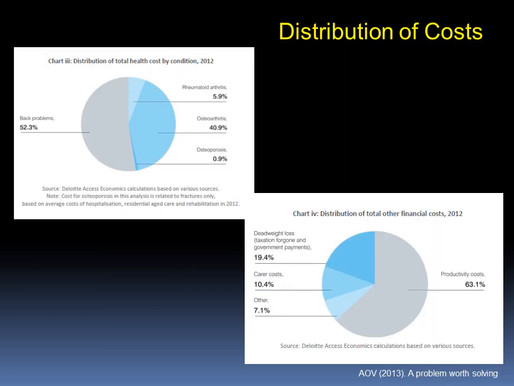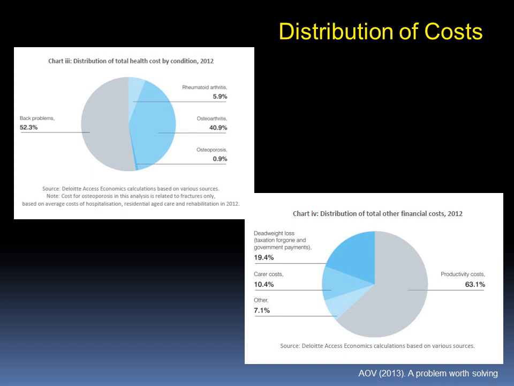You can see the distribution of that cost if we look at the table on the left there for total healthcare costs by condition. You can see that rheumatoid arthritis was 5%, osteoarthritis was 40%, osteoporosis was 0.9%, and back problems was over 52% of total healthcare costs.